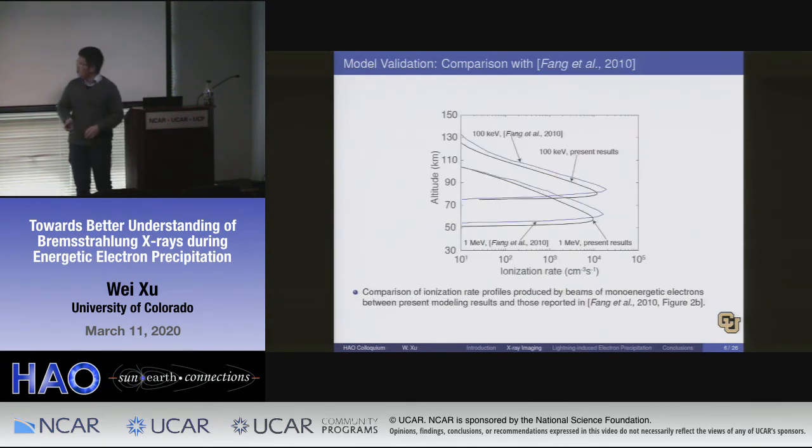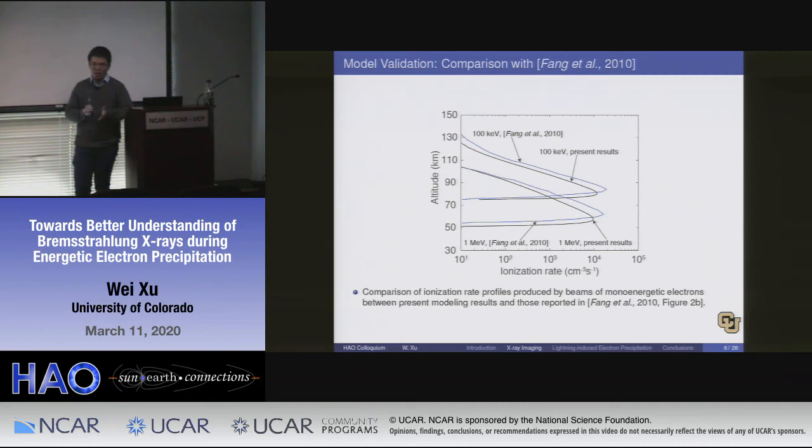Good question. Basically, we compared the results with Fang et al. 2010. We used different models. Fang used a multi-stream or two-stream model, and we use a Monte Carlo model. So the physics is not exactly the same. Also, the background atmosphere number density can change.